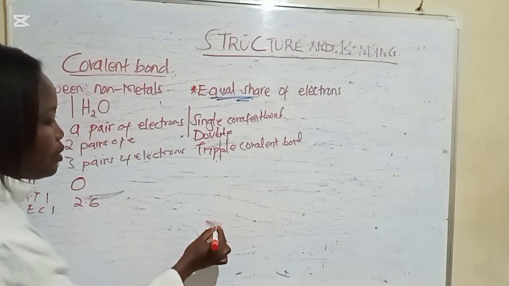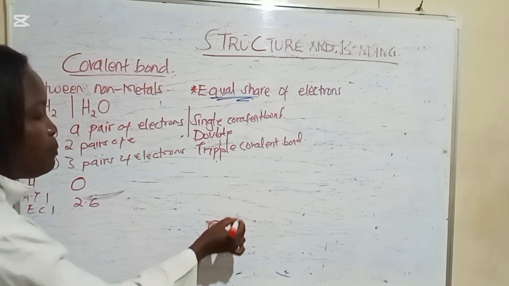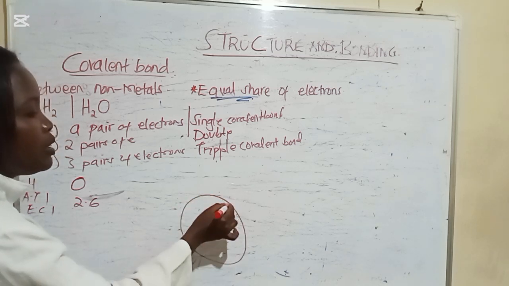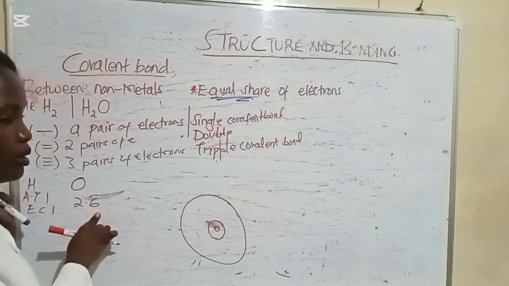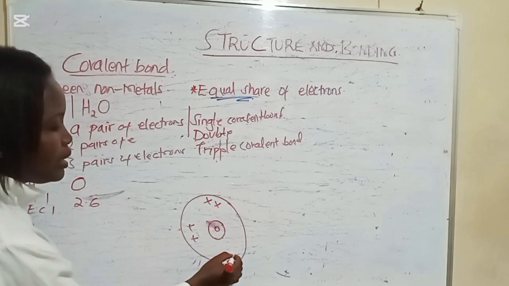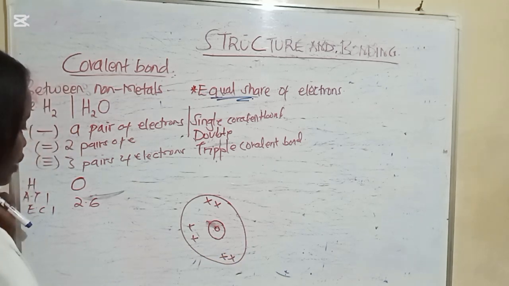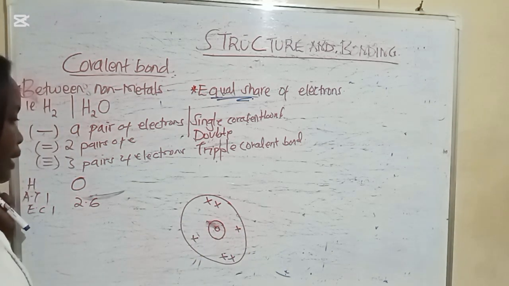O, the symbol of oxygen, is our nucleus, okay? We said we only draw the outermost energy level. So in the outermost energy level, how many electrons do you have in oxygen? You have 6. So we are going to draw our 6 electrons like that.